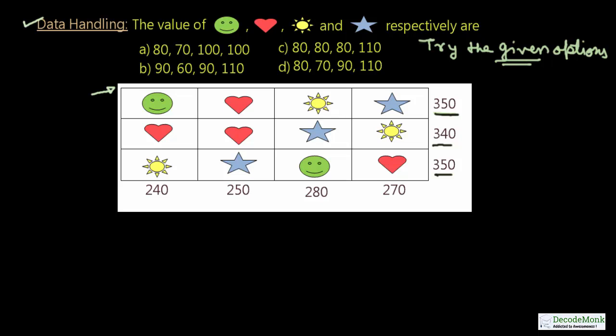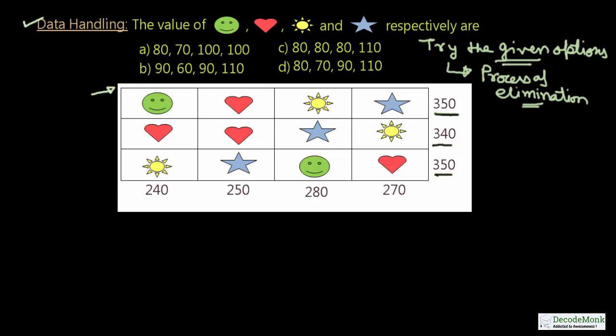They may get frightened, so you try out the options one by one and figure out the correct option. So we will do the same thing over here, that we will try out the options and find the right answer by process of elimination. That is, while trying out the options, we will eliminate the wrong options.